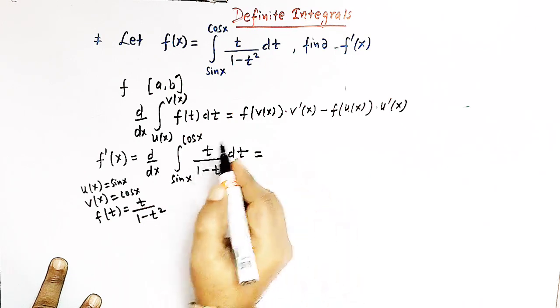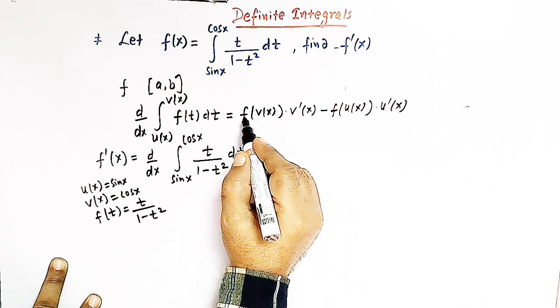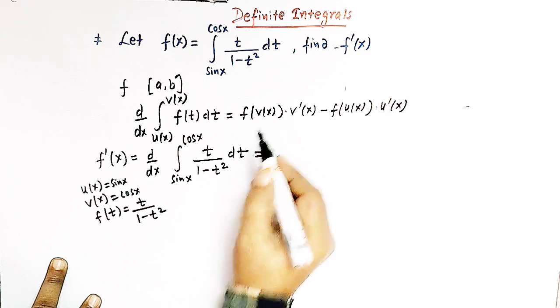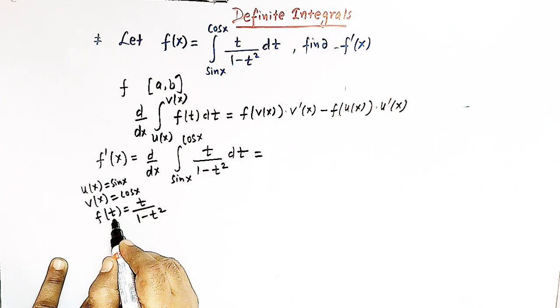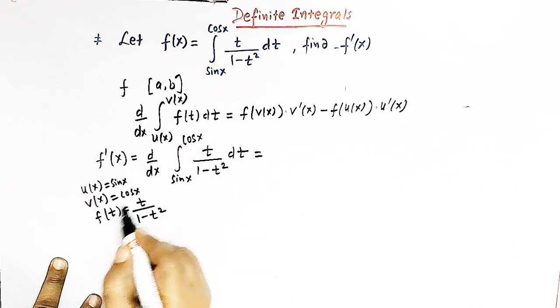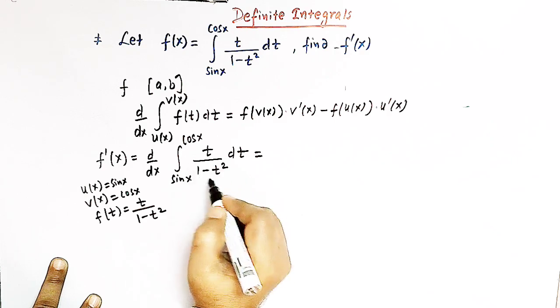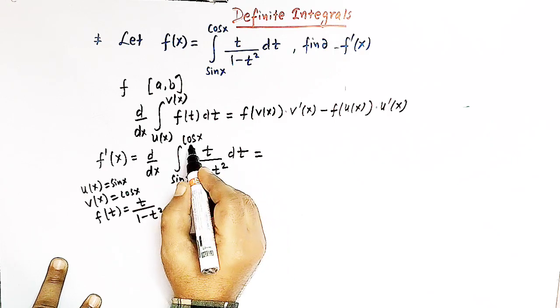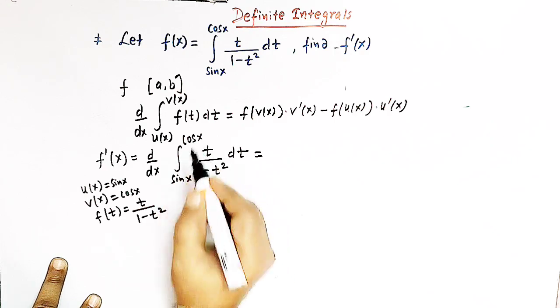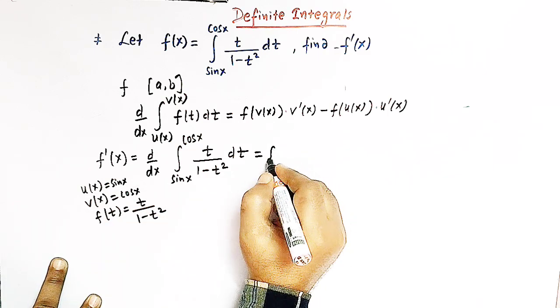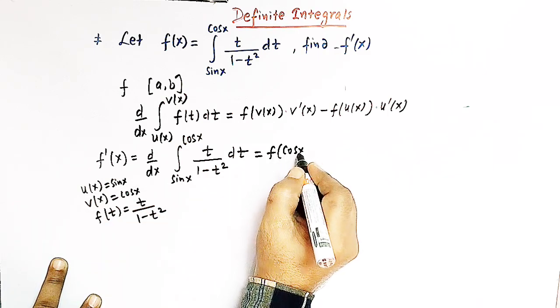So we will first write f of v of x. Here we have f of t, so we replace all the t's in this function by cos of x, so we have f of cos of x.